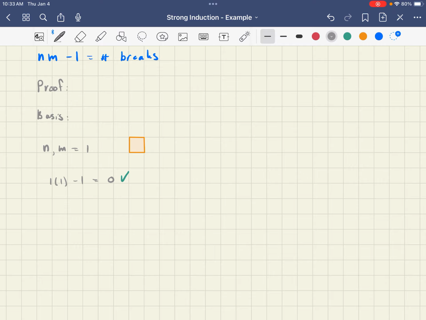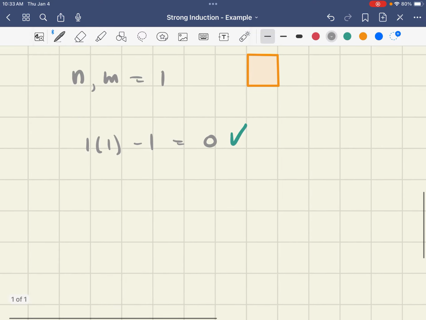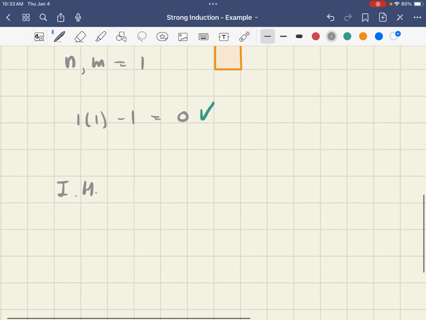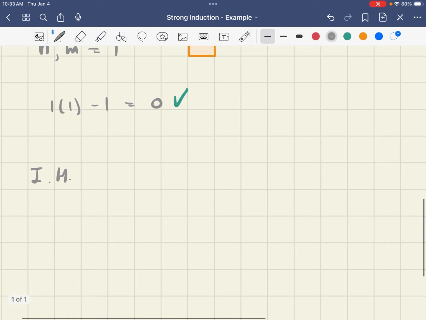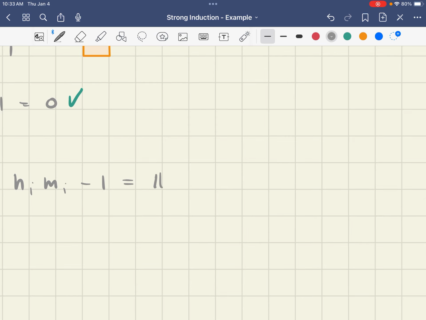And so we'll move on to our induction hypothesis. We just need to state our induction hypothesis, and this is where it differs from ordinary induction. Finally, we're getting to the meat of what strong induction is. Here's what it is. We're going to say Ni times Mi minus 1 equals the number of breaks.